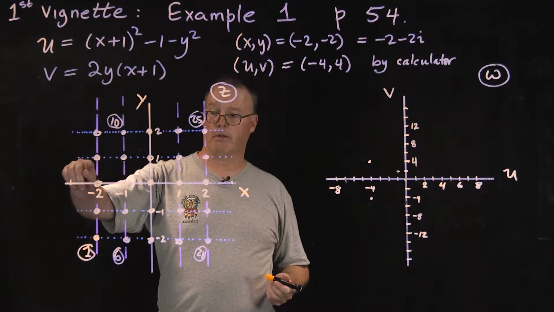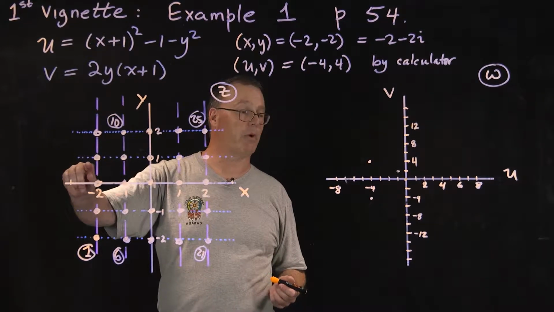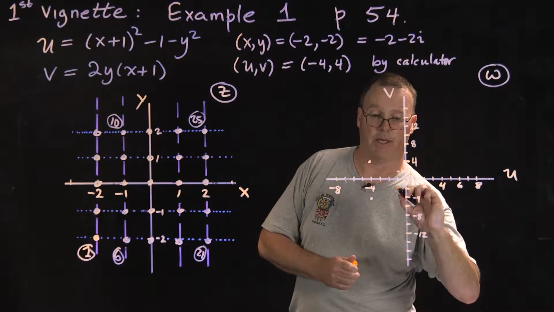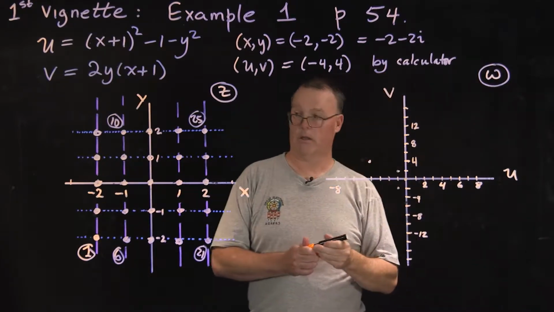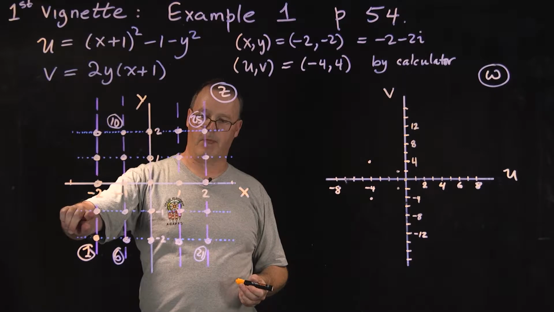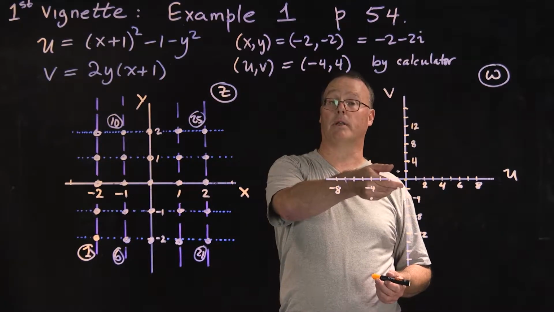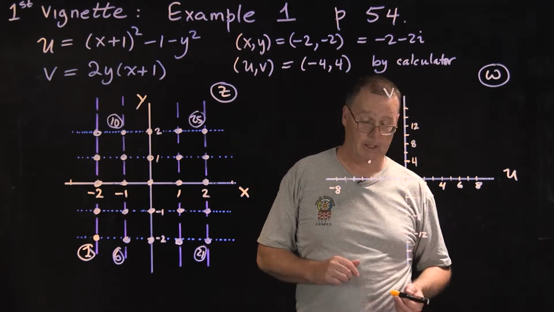Now point number 4 gets mapped to 1 and -2. It's this one. It's exactly symmetric to the image of this one. And the fact that the map maps this one and this one to symmetric points over here is not a coincidence.